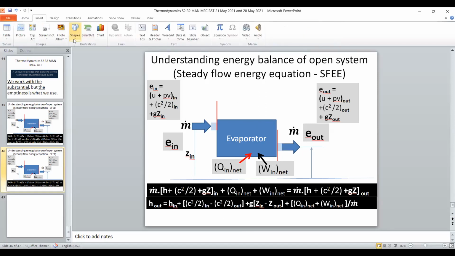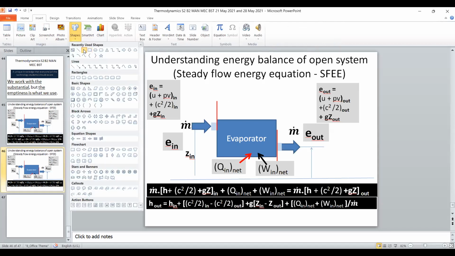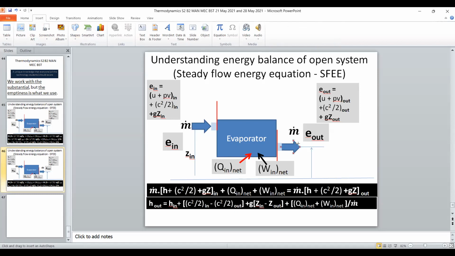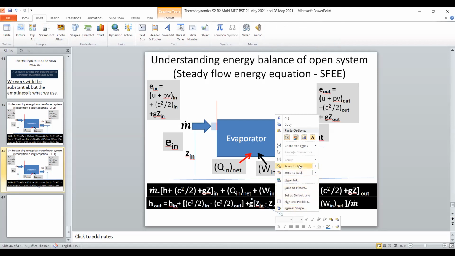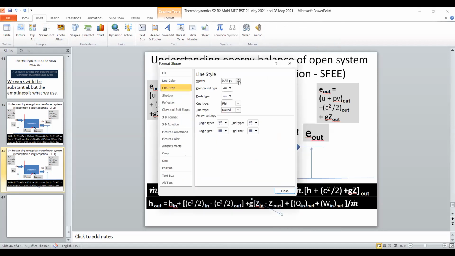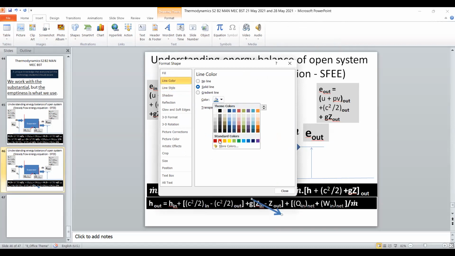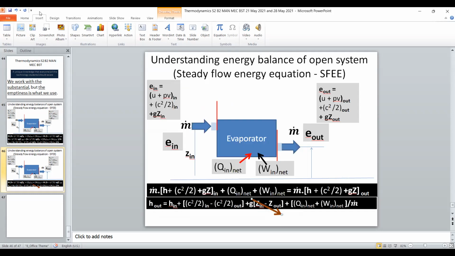So you may notice that Z1 and Z2, Z1 minus Z2, the value is almost negligible.